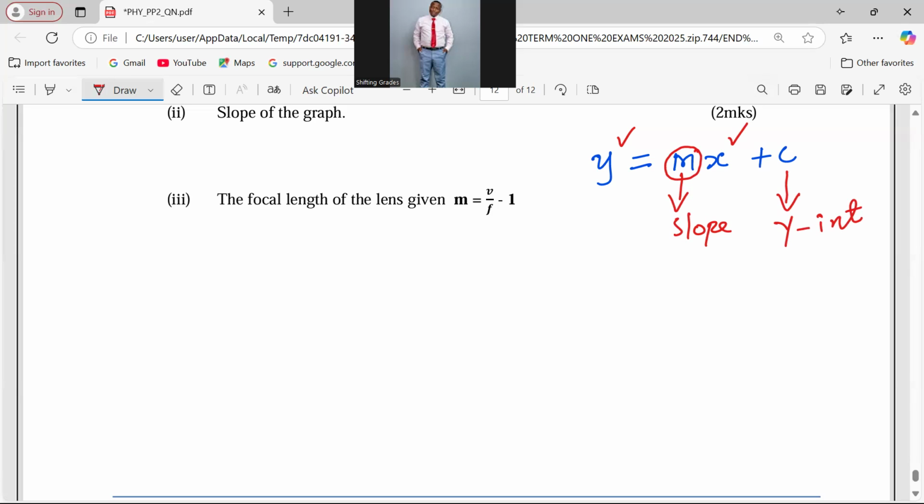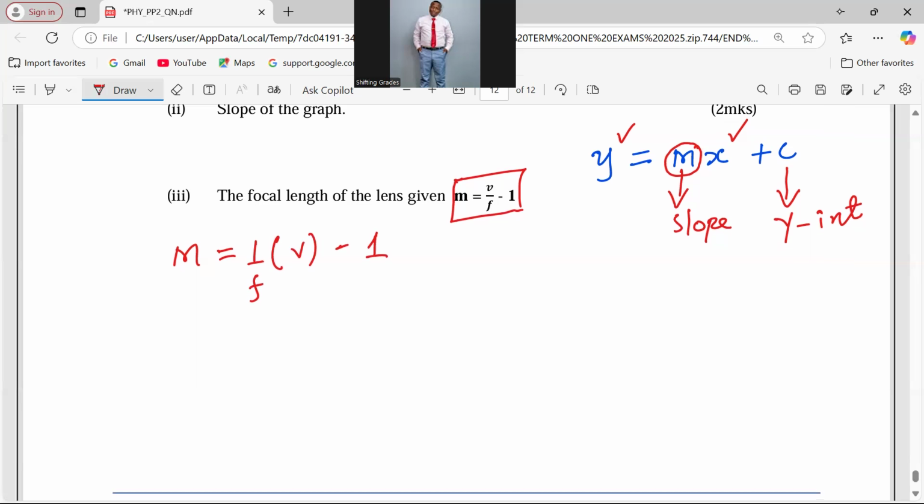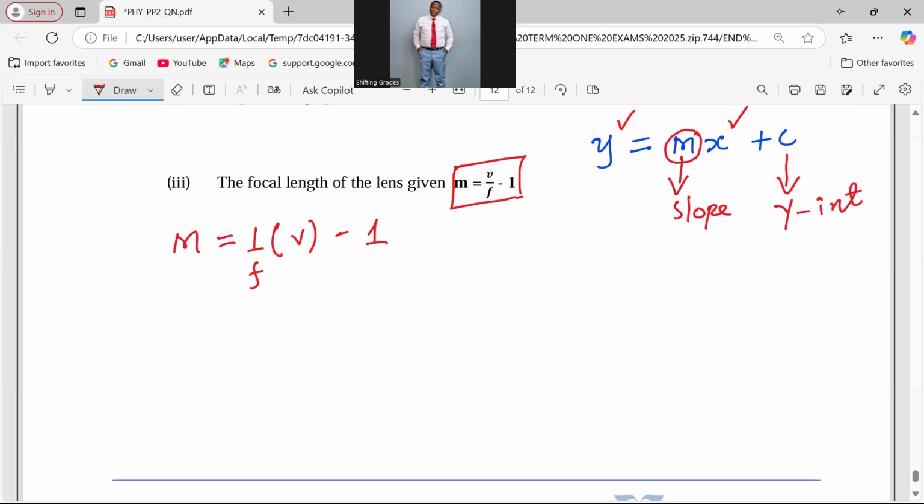Applying the same on the equation at this point, we can say that magnification M equals 1 over F multiplied by V minus 1. Relating the two equations, V is the one on the x-axis, M is on the y-axis. So if V is on the x-axis, then its coefficient will be equivalent to the slope. Whatever is behind the value on the x-axis is our slope.